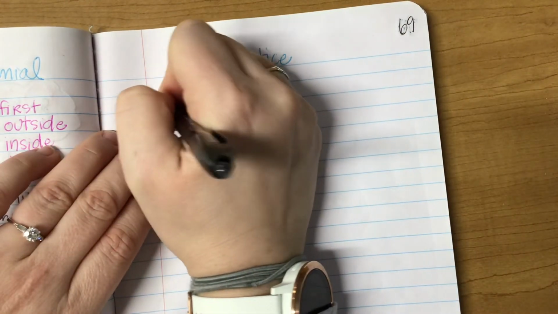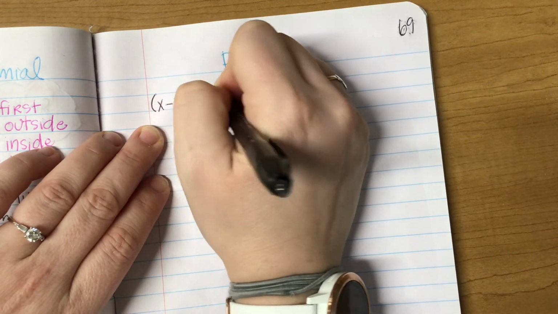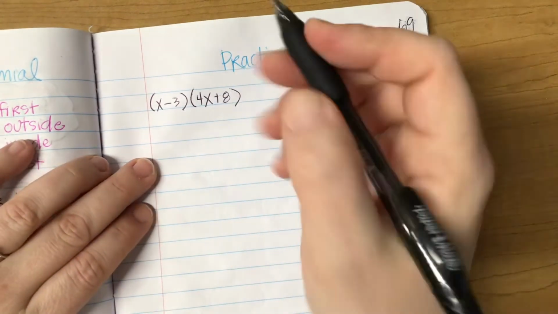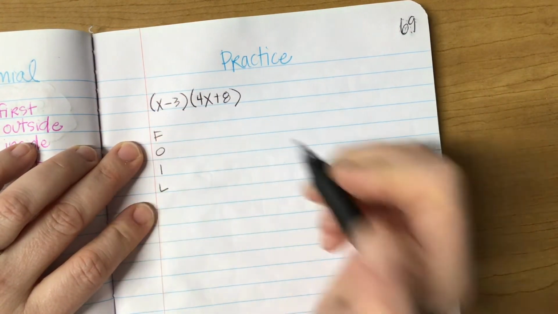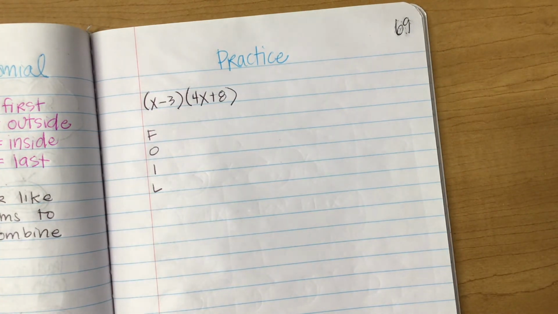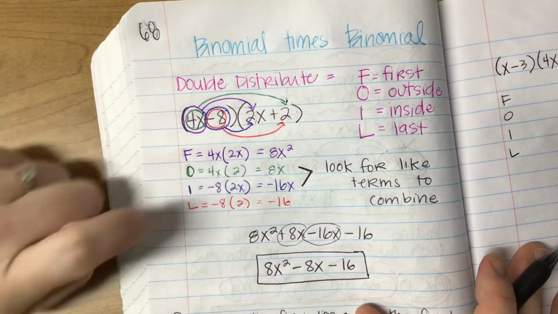So if I have x minus 3 and 4x plus 8, and I put FOIL. Now, I will tell you this. You do not need to write out what you're multiplying. That's in our notes right here.